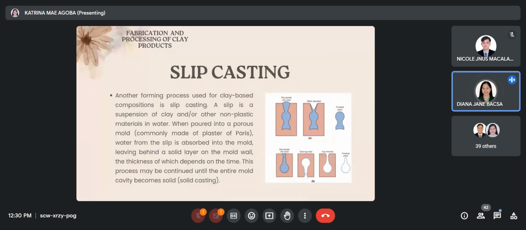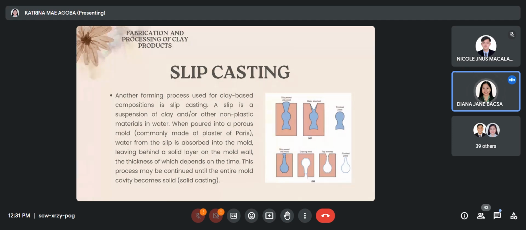The excess slip is poured out of the mold after a predetermined time, leaving behind a layer of clay on the mold's inner surface. The thickness of this layer determines the wall thickness of the final ceramic piece. Drain casting is particularly useful for creating hollow ceramic objects such as vases, bowls, and cups.